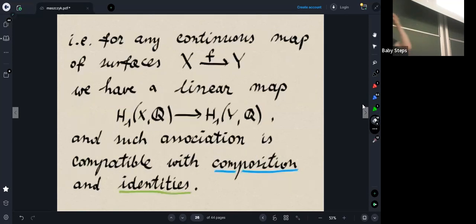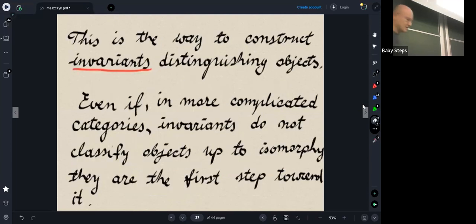Which means, for instance, that for any continuous map between surfaces X and Y, we have a linear map between these associated vector spaces, which is compatible with composition and identity. Yes?